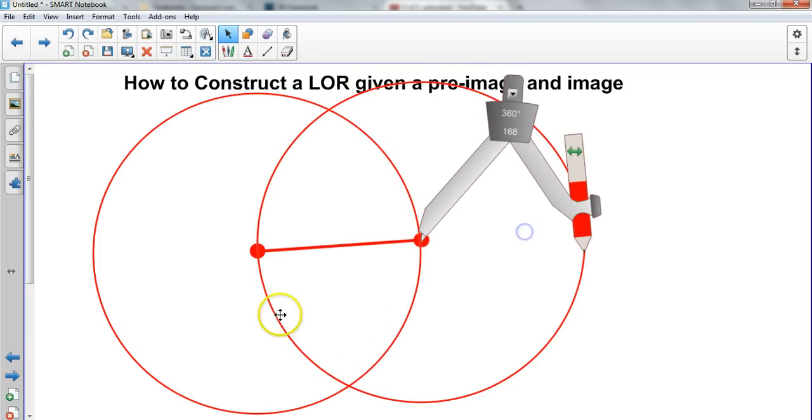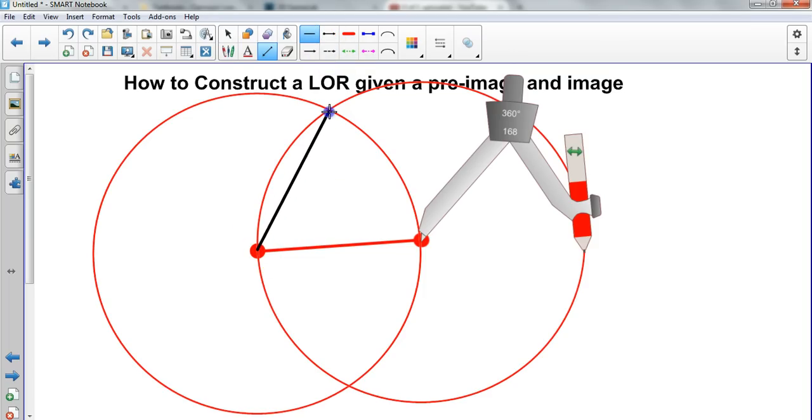Okay, so now in our construction we have two circles that intersect. Because I kept the radius the same, the two circles are congruent. Our isosceles triangle that gets formed would be this triangle here.